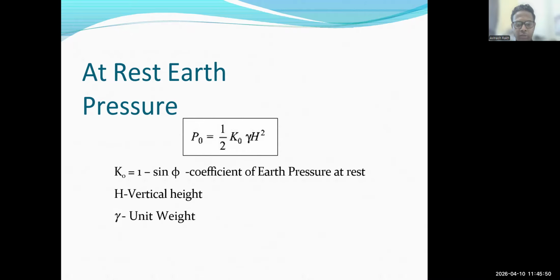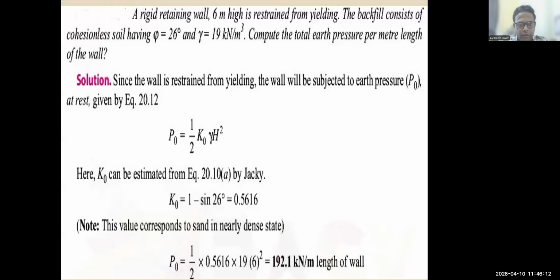Once we know the angle, we can calculate K0, the coefficient of earth pressure. After that, the unit weight gamma and the vertical height H, if known, let us calculate the earth pressure at rest. Based on this concept, we are going to see a numerical to calculate the earth pressure. Let us see the numerical.